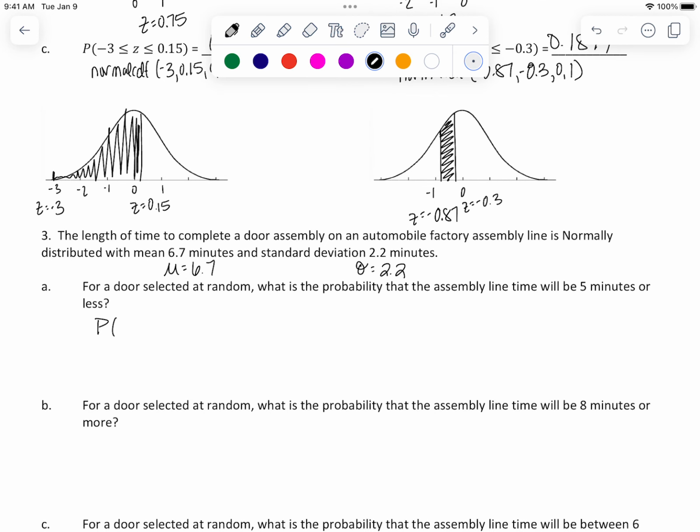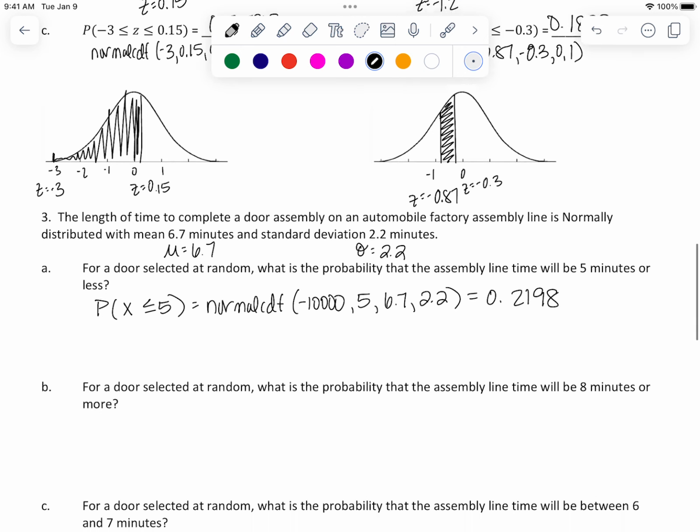So we're looking for the probability that our x is less than or equal to 5 minutes. So normal CDF, negative 10,000 up to 5, mean is 6.7, standard deviation is 2.2, and this will give us 0.2198.